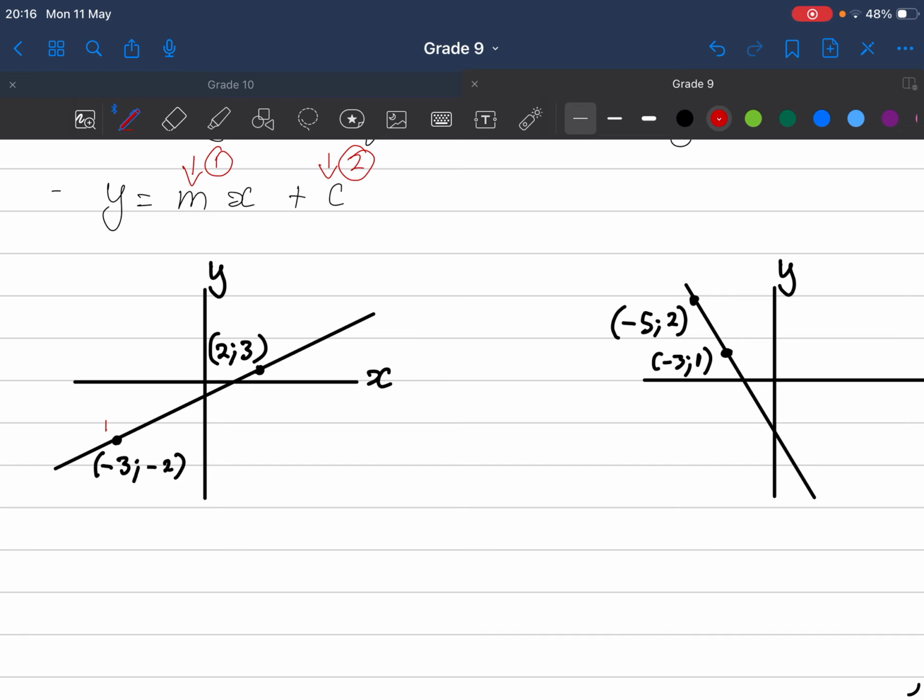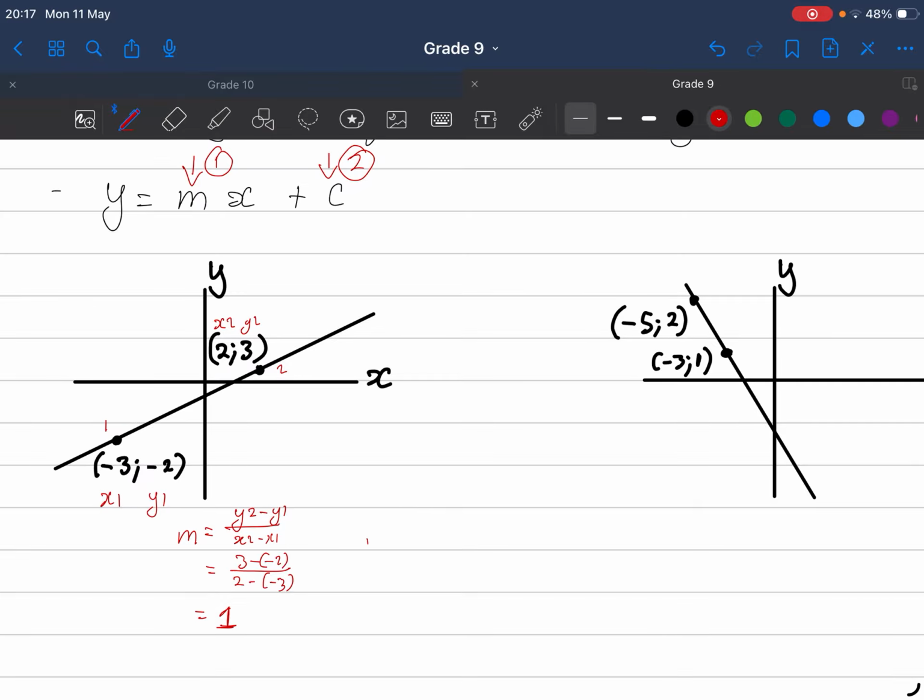So here's the first question, second question, x1, y1, x2, y2. m is equal to y2 minus y1 over x2 minus x1. y2 is going to be 3 minus 2 over 2 minus 3, which is going to be 5 over 5, which is going to give me 1.